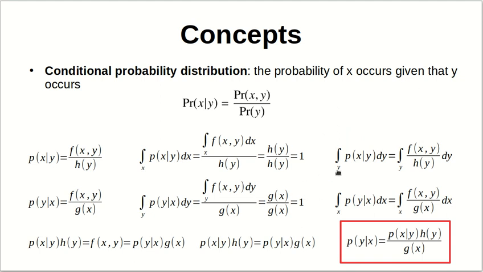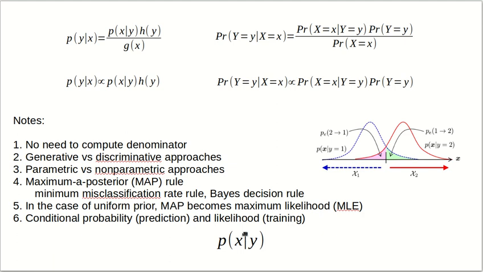Why is that? Because the integral over x is going to be exactly 1, but the integral over y is not necessarily 1, and usually it's not 1. So depending upon what exactly is given and what exactly is the independent variable, you have different interpretations of exactly the same function.